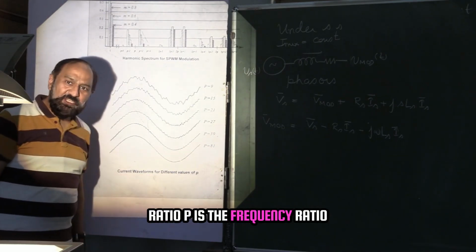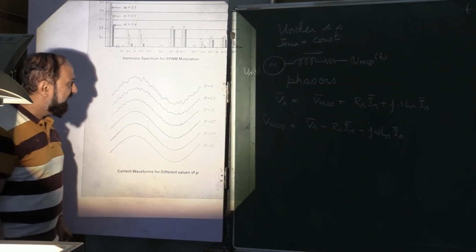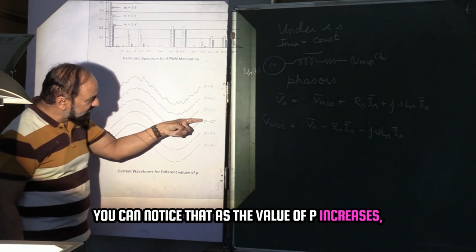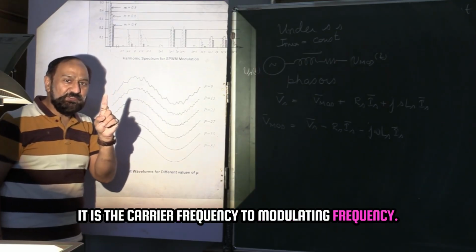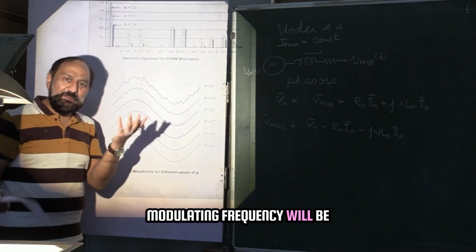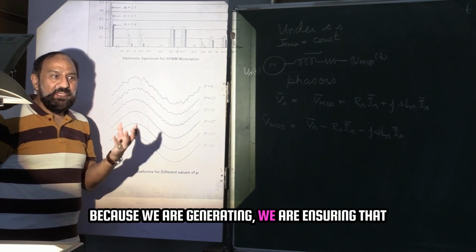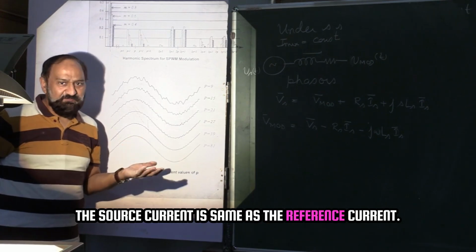P is the frequency ratio, carrier frequency to modulating frequency. You can notice that as the value of P increases, the current improves. The modulating frequency will be the same as the supply frequency, because we are ensuring that the source current is the same as the reference current.